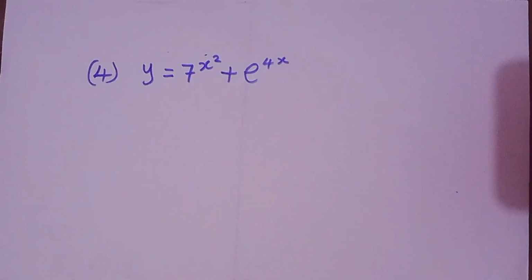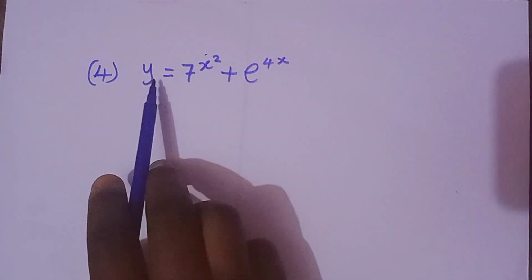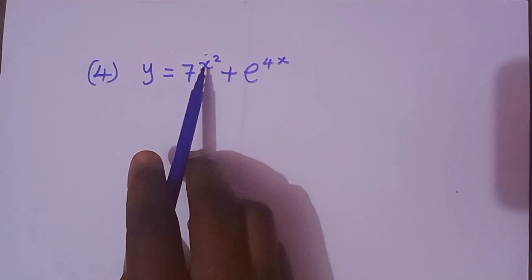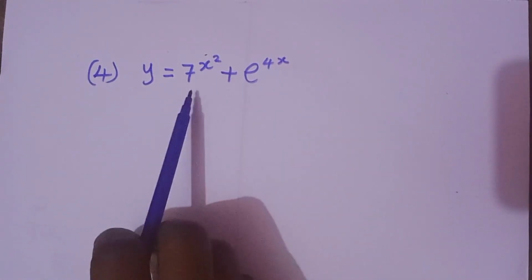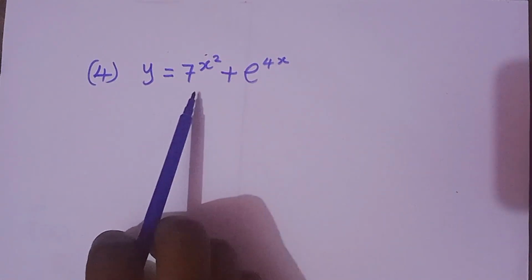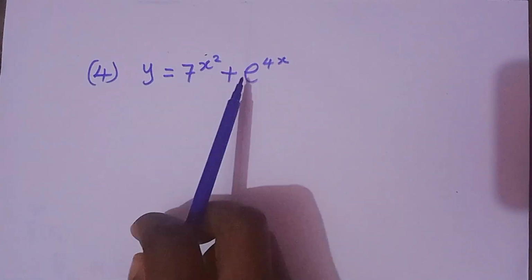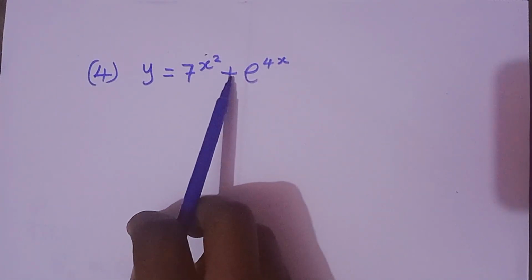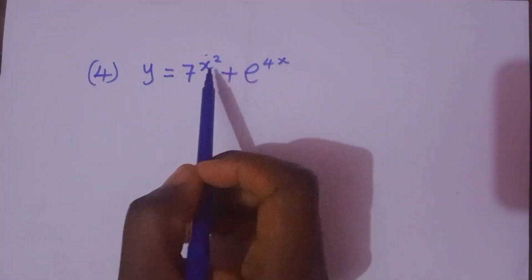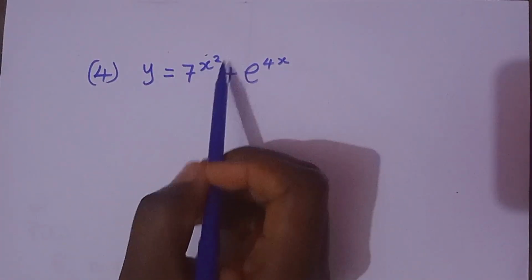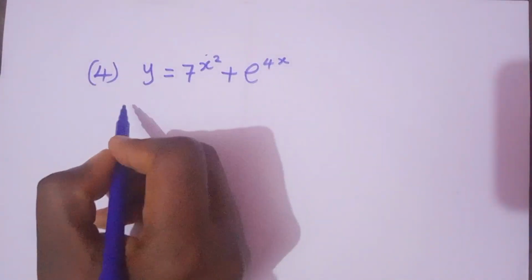Okay, question number 4, we have y equal to 7 raised to the power x squared plus e raised to the power 4x. From this question, you see that is a combination of both the e and the base. So we are going to solve it one after the other.